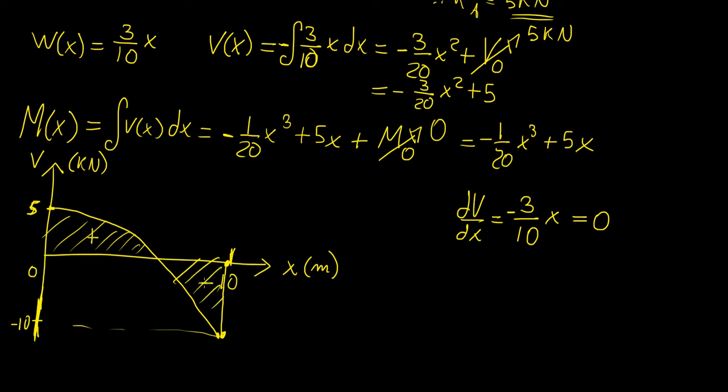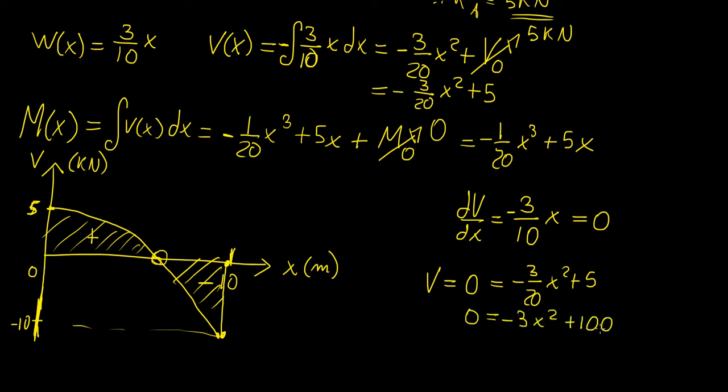Now, if we wanted to figure out this point where they intersect, we essentially need to find the roots of this equation. So we set v equals 0, then minus 3 on 20 x squared plus 5. So one thing we can do is multiply everything by 20. So we get 0 equals minus 3x squared plus 100.